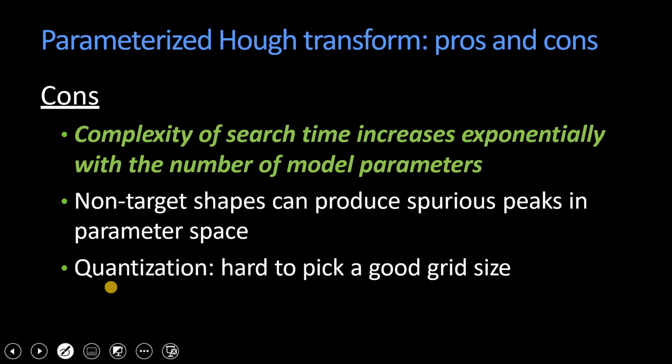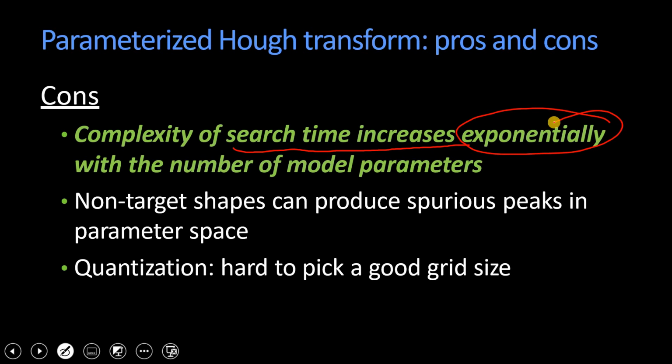What are the bad points and the cons? The search complexity: the search time increases exponentially with the number of model parameters. If you are searching for a line, a circle, square, rectangle, oval shape, and the model parameters are increasing, then your time will increase exponentially.